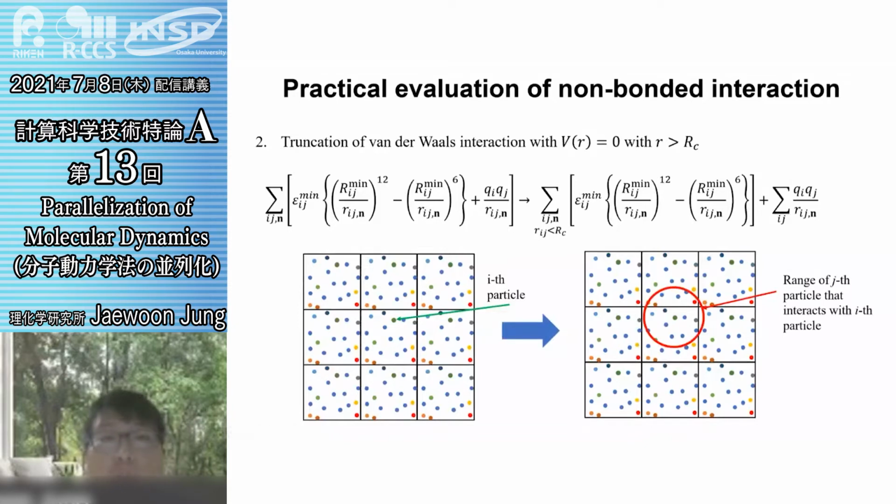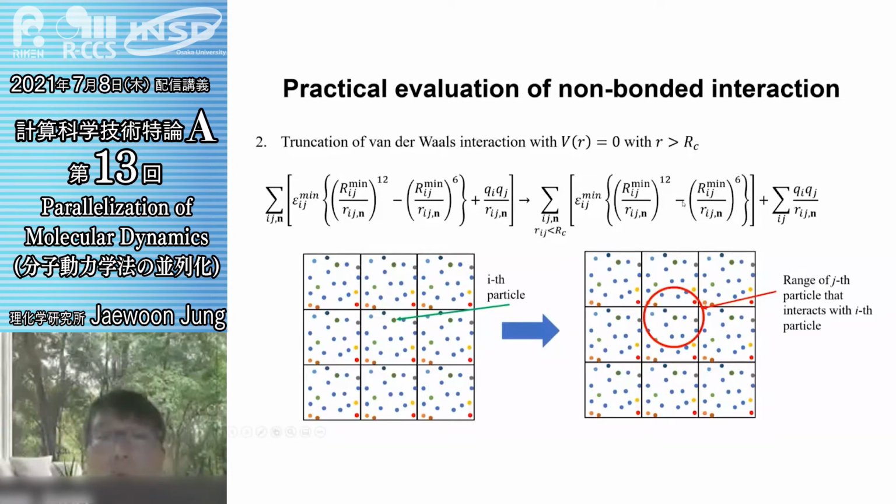So for this particle, instead of calculating all particle pairs, we introduce a range of particles within some cutoff distance from this target particle. Here you can introduce some threshold value for the interaction, and we can greatly reduce the computational cost using this scheme.